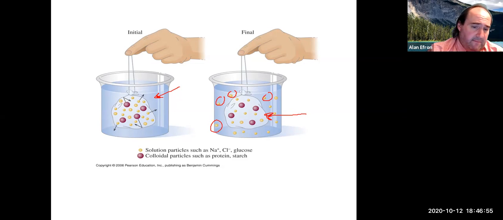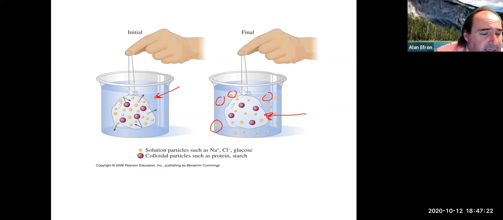So we have processes in our body where certain things are filtered out using membranes as a way to separate out things our body doesn't need and retain certain things that our body does need. Dialysis is a very common process, also very common in regular chemistry experiments.